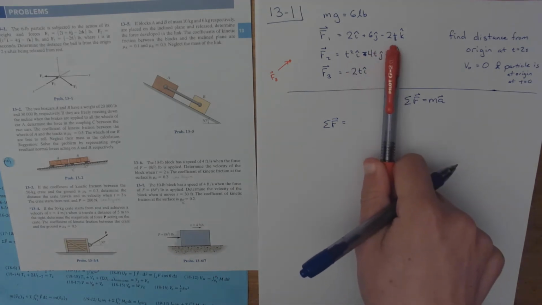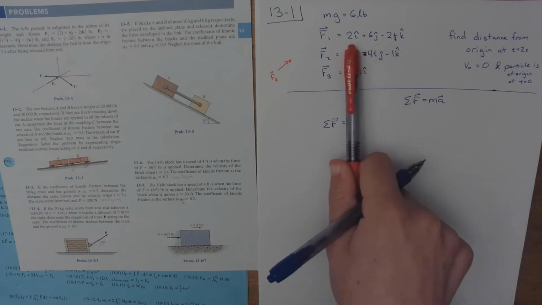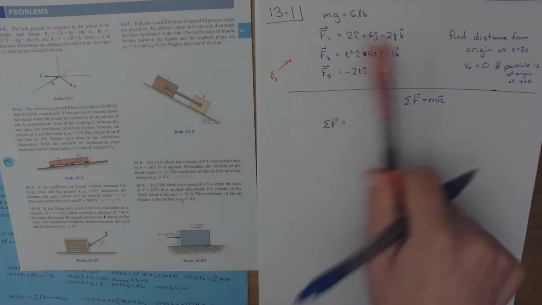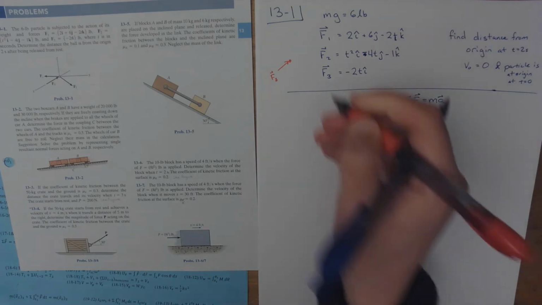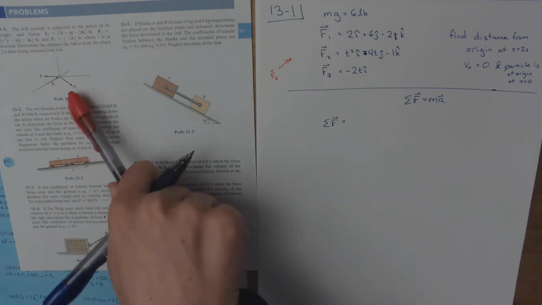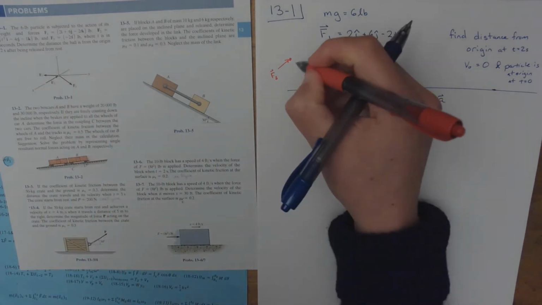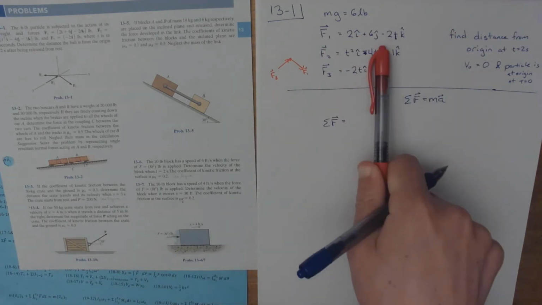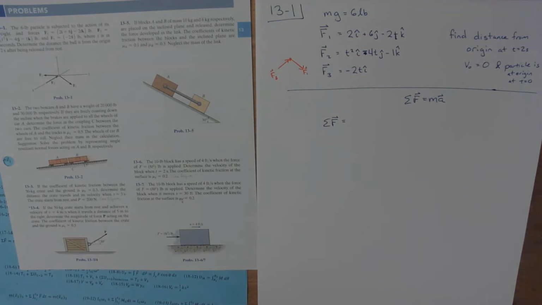So initially, force 1 is just acting in the 2i hat plus 6j hat, and there's no z component initially. So that's in the xy plane initially. But there will be then a negative k hat component as time increases.